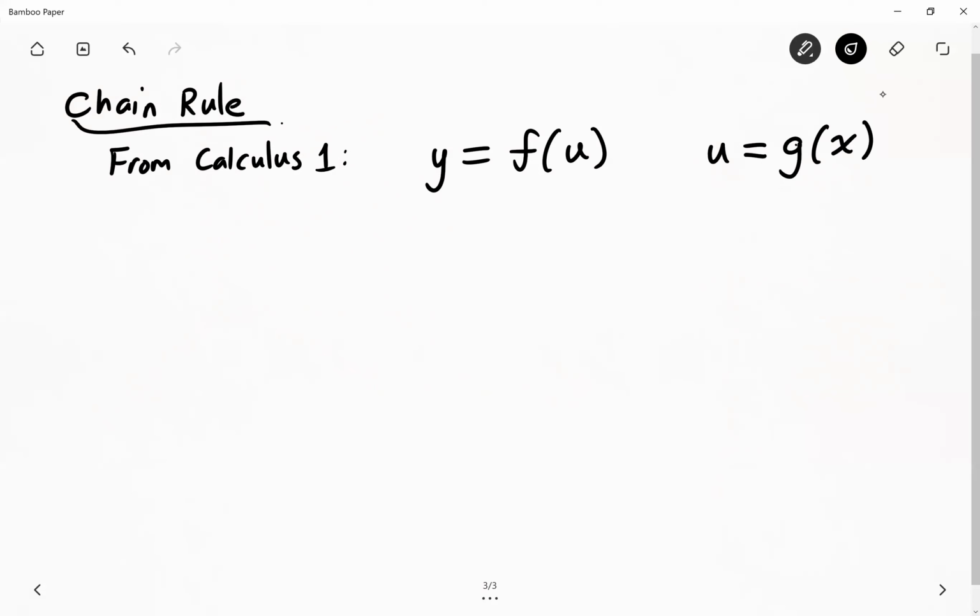In other words, y is a function of u is a function of x. You can think of y as a composite function, f of g of x.